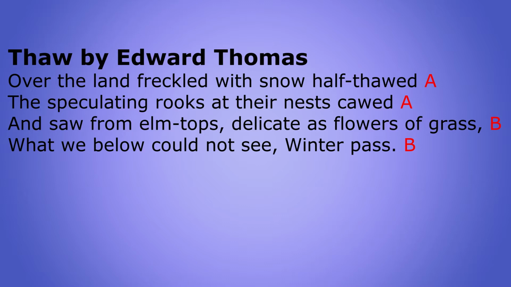So thawed rhymes with cawed, so we call them AA. They're the rhyming couplet. And then we've got a second rhyming couplet, grass and pass, or if you're not from Coventry you might say grass and pass, and if you are from Coventry you might just speak nicer than me anyway, which is fine. So we've got that beautiful, gentle rhyme scheme in it.